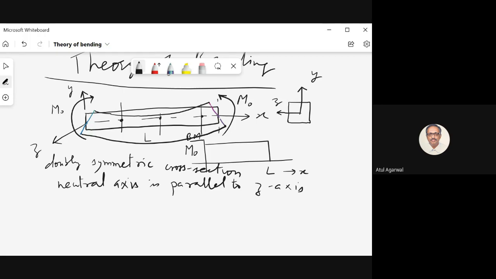So this upper surface has contracted. The lower surface has stretched. So fibers along the longitudinal direction you will find have contracted at the top surface. Fibers along the longitudinal direction, or along direction x, have stretched on the lower surface.